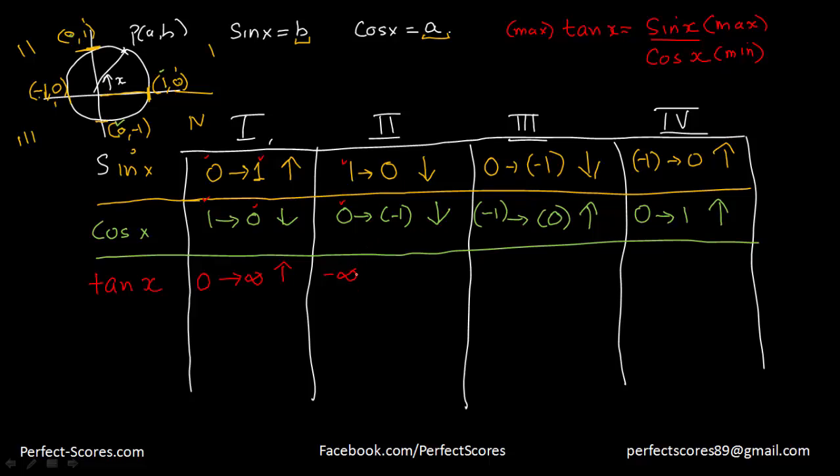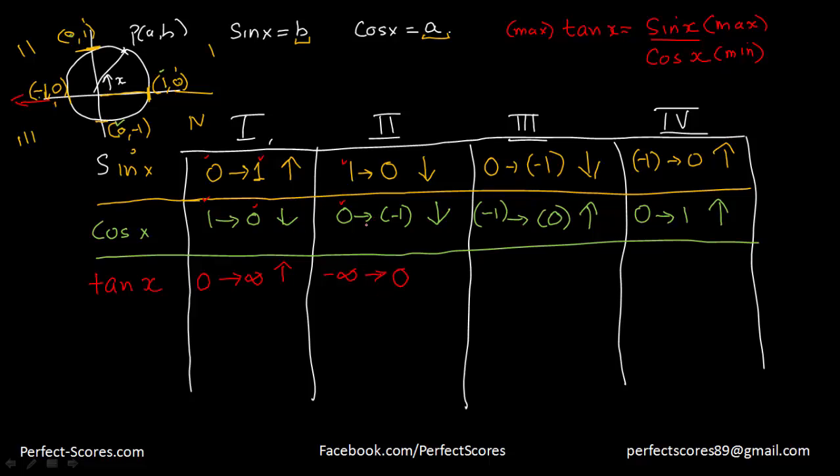So it's going to be negative infinity. That is going to be the minimum possible value, which again you can find out by the minimum possible value of sine of x, which is 0, divided by the maximum possible value of cosine of x, which is again 0. And 0 by 0 is infinity. And from infinity, we're going to go till tan pi, that is here, which is again 0.